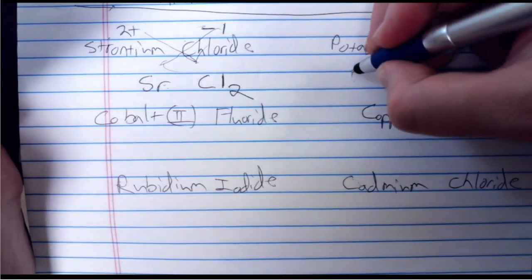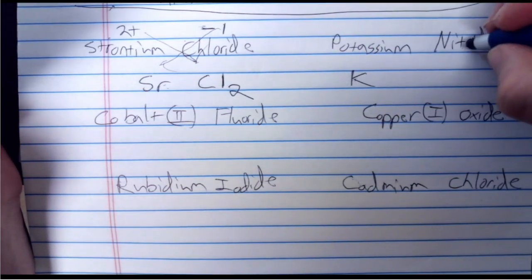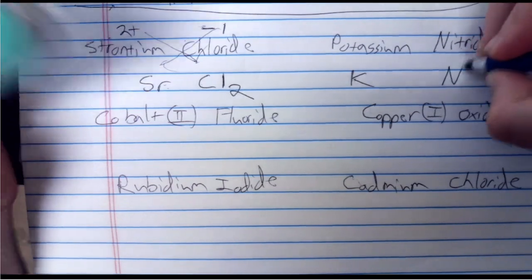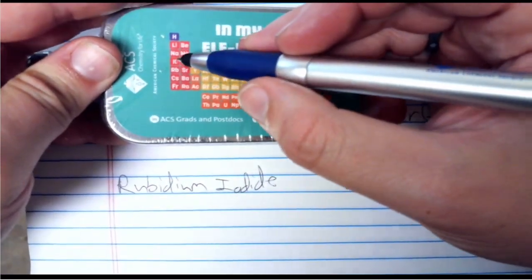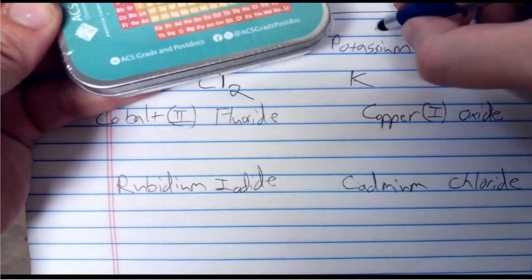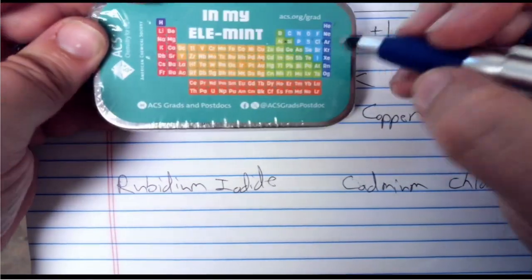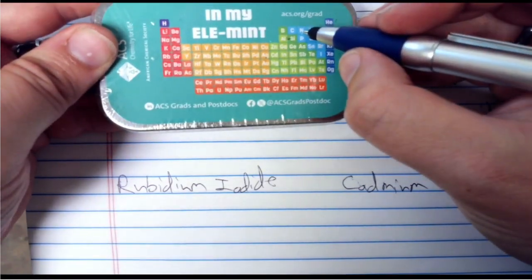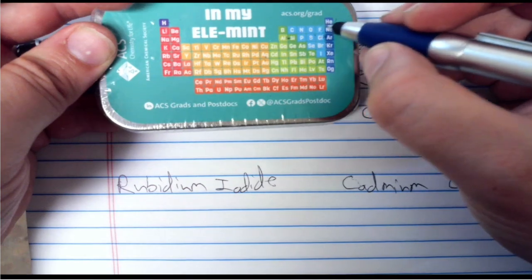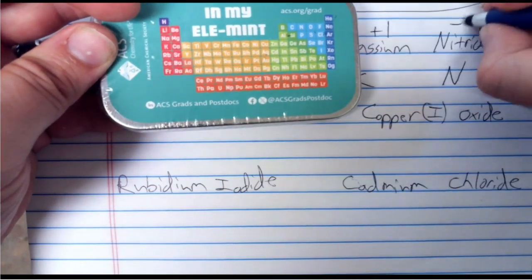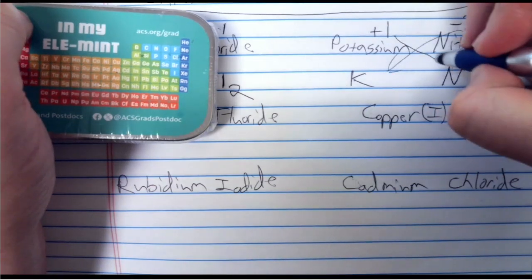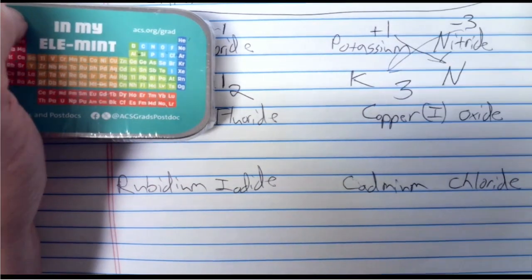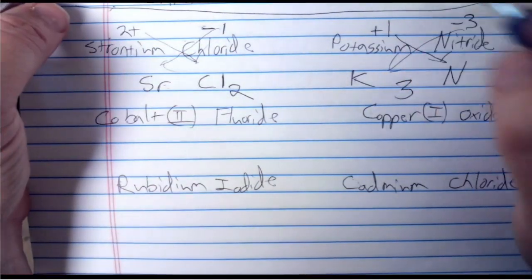Potassium, that's K. Nitride, it's N. Let's look at our charge. Potassium is right there, +1. Nitrogen is right there, group 5, so it has to move 1, 2, 3, -3. So flopping them down, K3N.